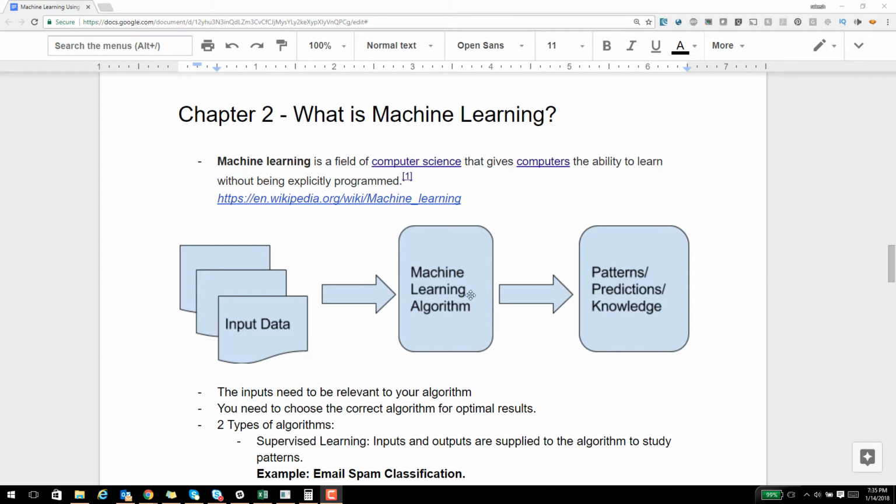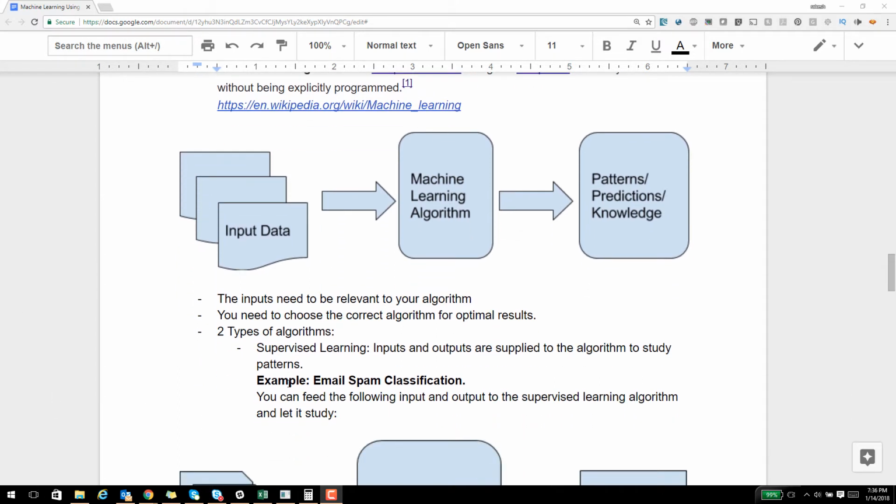What are these algorithms that we talked about? Do I have to invent any algorithm that can churn through my input data? The answer is no. These algorithms have already been written for you. All you need to do is supply some input data to it, and these algorithms will output the patterns and predictions.